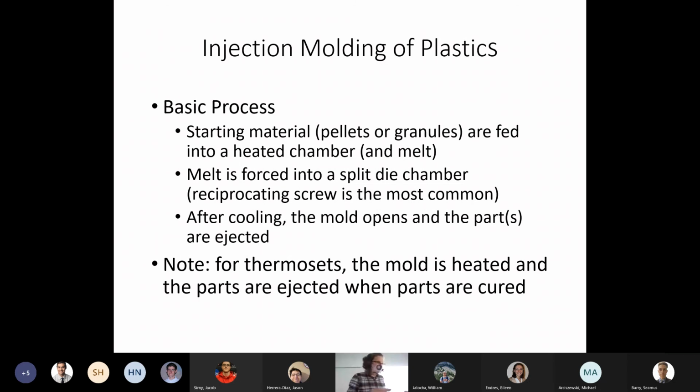So we're getting close to being out of time for the day, and tomorrow we can start on this. But again, we can think about that basic process in terms of injection molding. Also, when we start talking about processes, we like to look at equipment costs, tooling costs, and some of the features of the process.